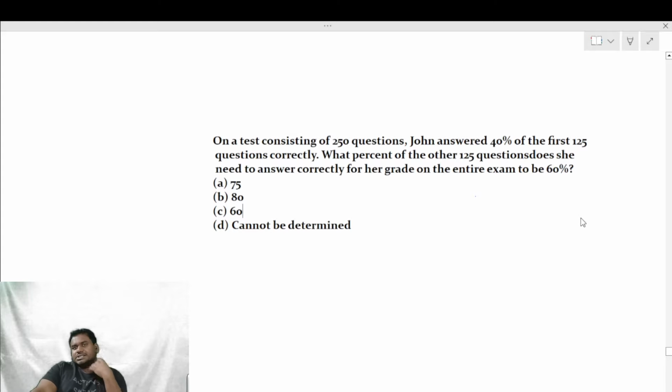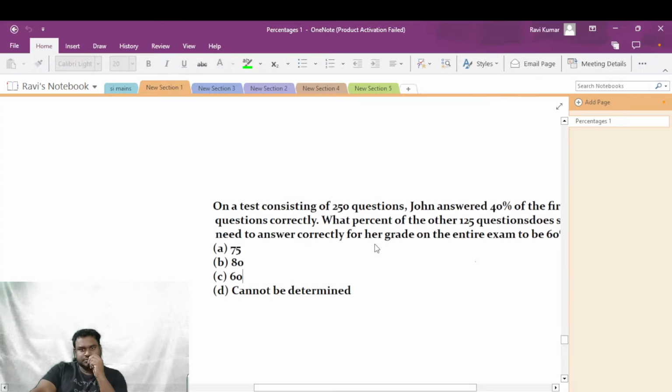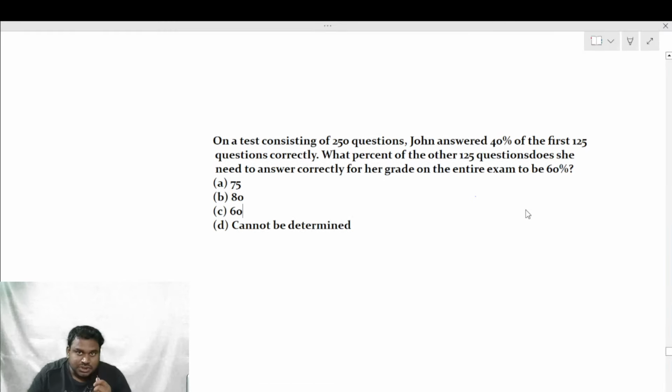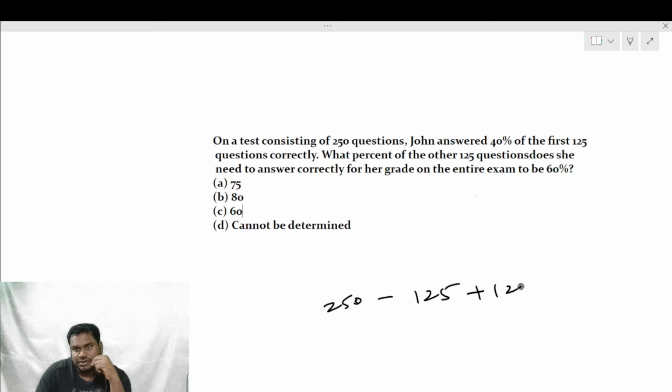I'll divide the 250 into two parts, 125 and 125.